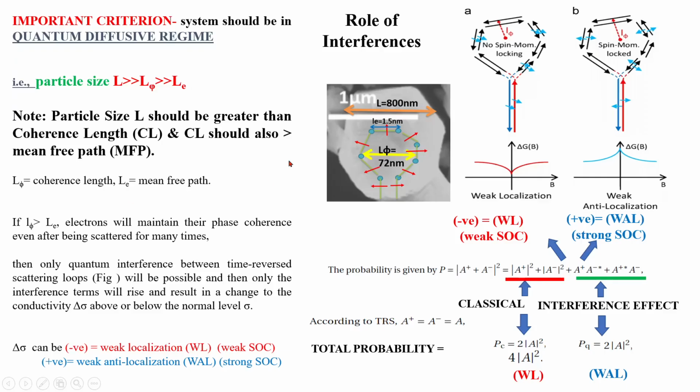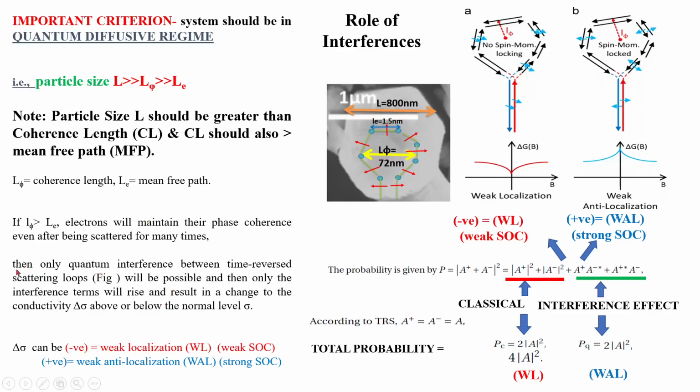Again, the coherence length should be greater than the electron mean free path, because this is also required to maintain the phase coherence of the electrons. If electrons cannot interact with each other, they cannot undergo quantum interference effects.